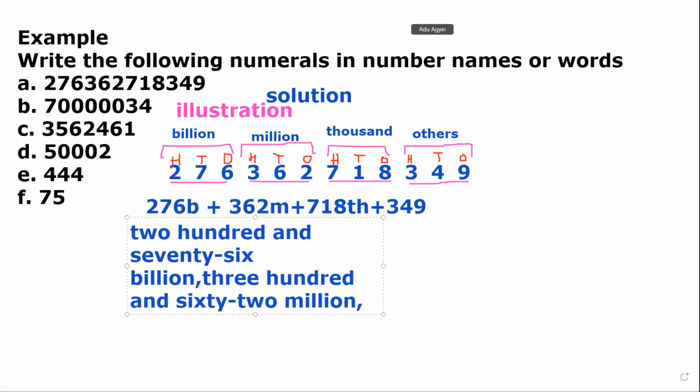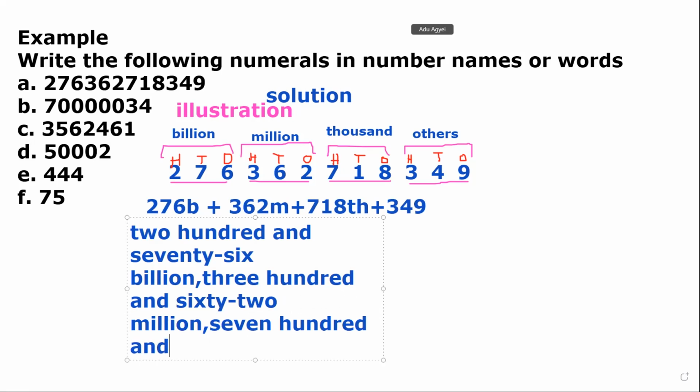We have done with the million, then with the thousand. Now we have the 718,000. You are done with 1,000.